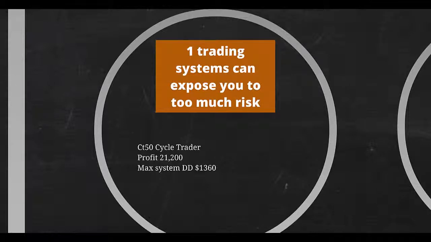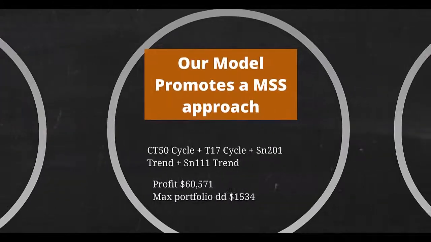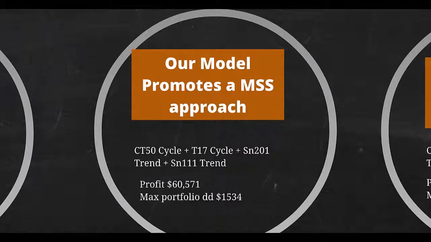So our model promotes a multi-system approach. What we've put forward to you over the last 4 videos is that we look at trading multiple systems, not just the cycle, where you're looking to buy support and sell resistance in those ranging markets. We already know that the markets don't trend 100% of the time.